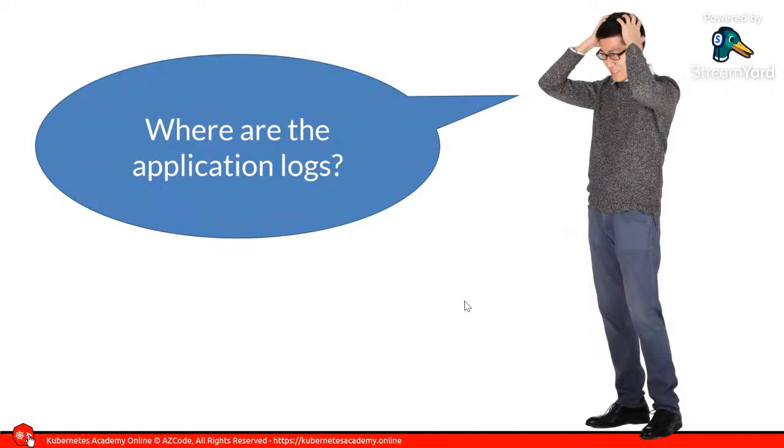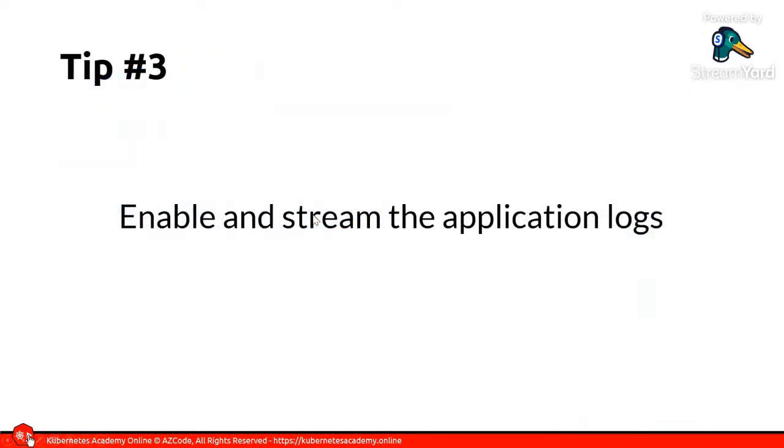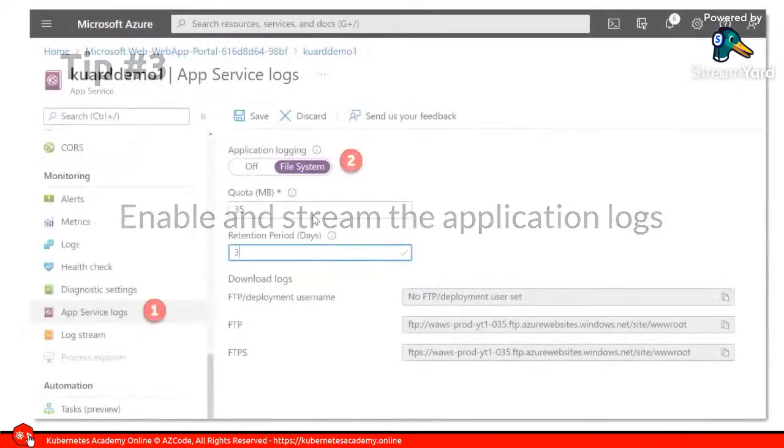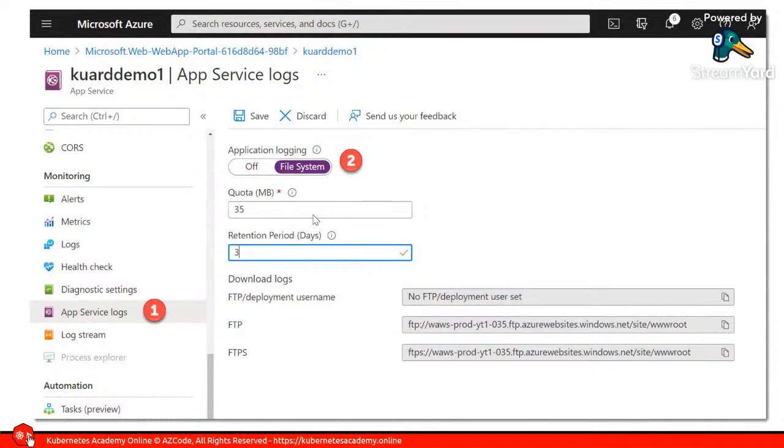Well, that was the startup logs for App Service, but what about your application logs? Well, to see them, you need to enable the application logs, and you can stream them after that. So how do you do that? In the monitoring section, you click on App Service Logs, and you simply enable application logging.